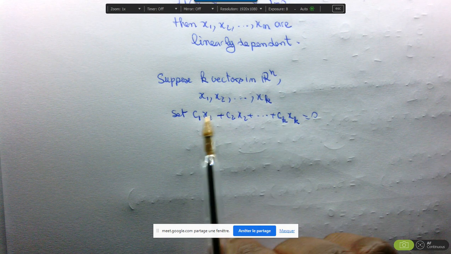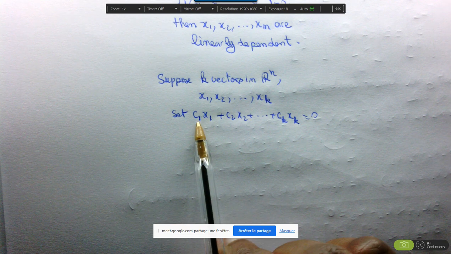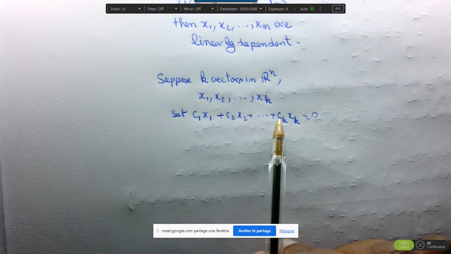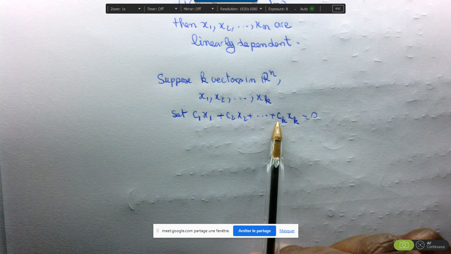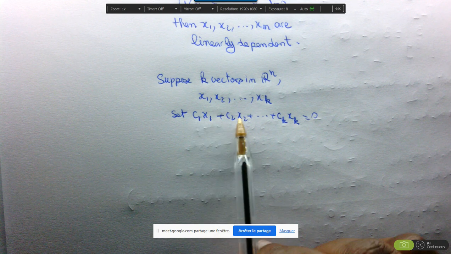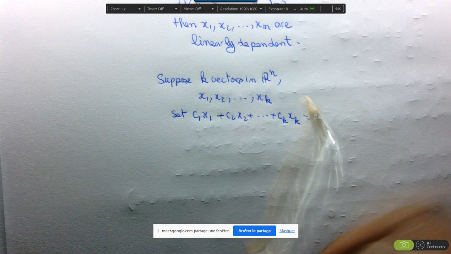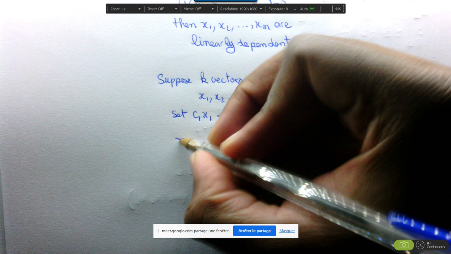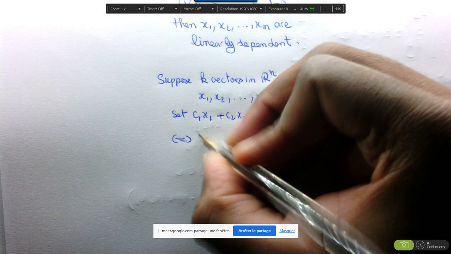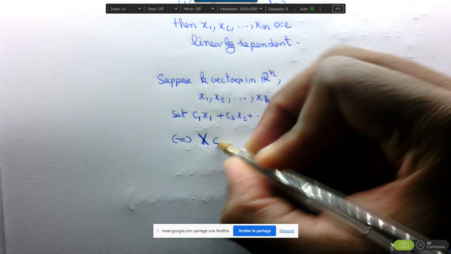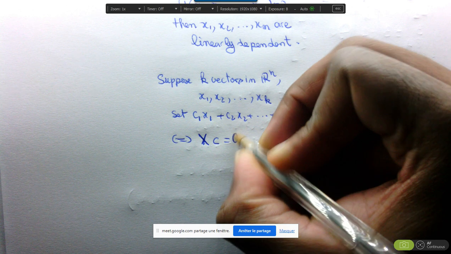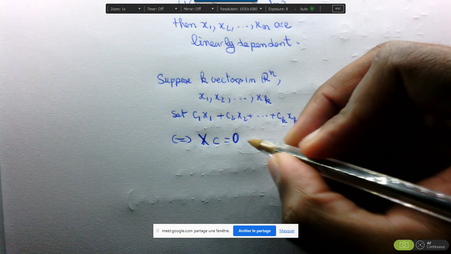Now if it is linearly independent, all of those coefficients are going to be equal to 0. But if it is linearly dependent, some of those coefficients will not be equal to 0. So here you solve, this is equivalent to solving Xc equals 0, and here we have two cases.